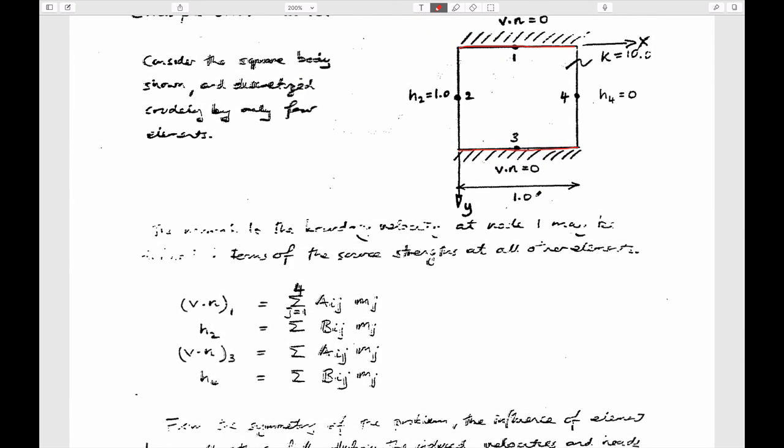So what we're going to do is put a source at this location here, and we're going to calculate for element number 1 what is the velocity that we want to apply. The velocity we want to apply, I think, is 0. Normal to the boundary velocity is 0 by this definition. So we know this term here.